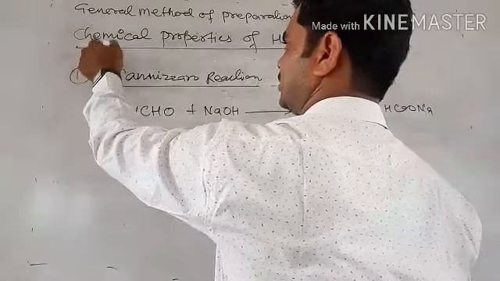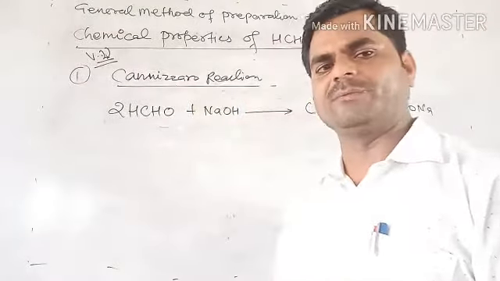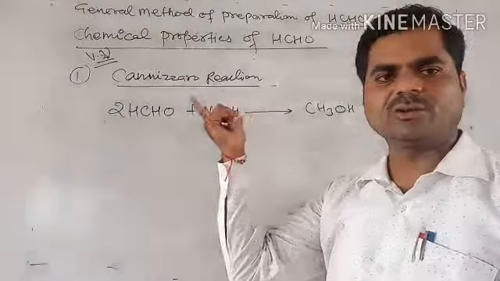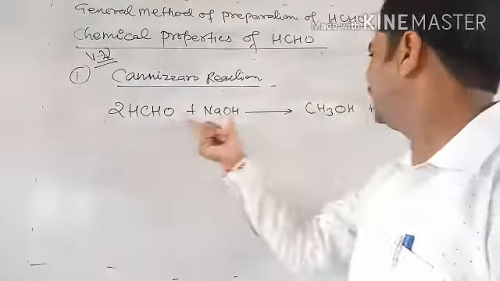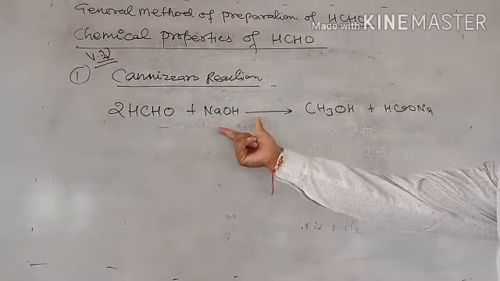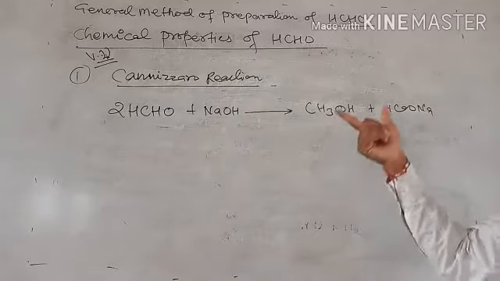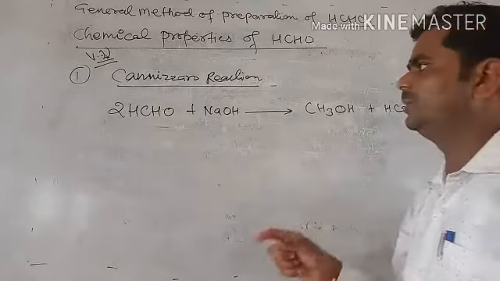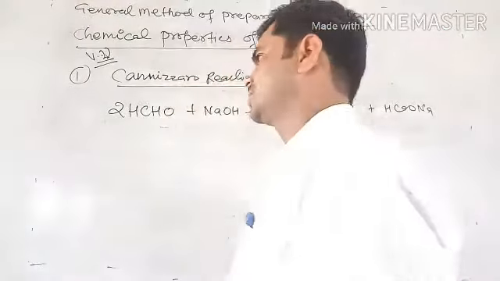This type of question may be asked in your examinations in the form of a short note. Once again, under the Cannizzaro reaction, when two molecules of formaldehyde react with sodium hydroxide, they are converted into methyl alcohol and sodium formate.